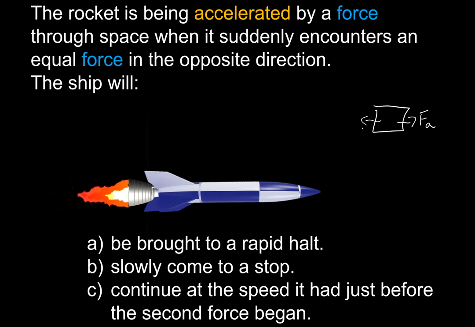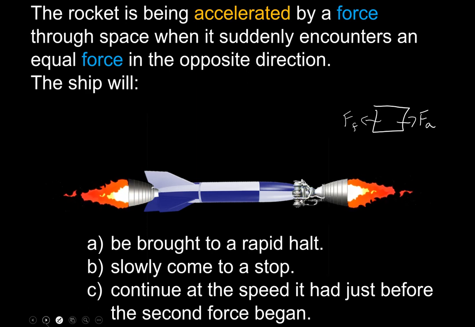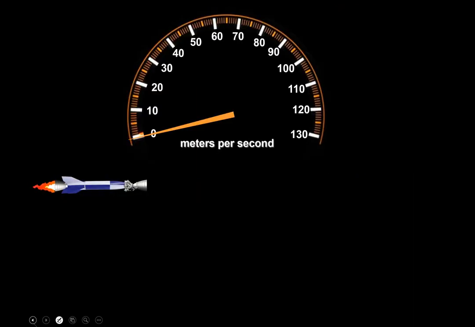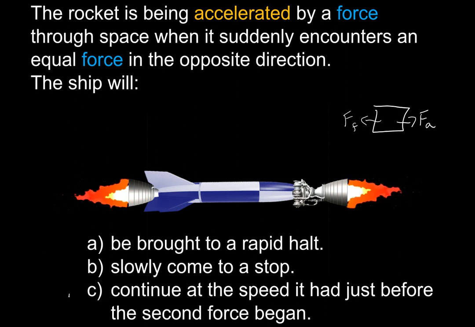All of a sudden, we have some type of force, let's just say force of friction, that hits it. And it's the exact same as your force applied. What happens? Hopefully you pick C. It just continues at the same speed. The answer is C.